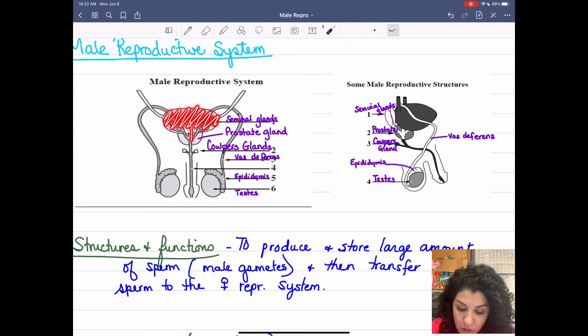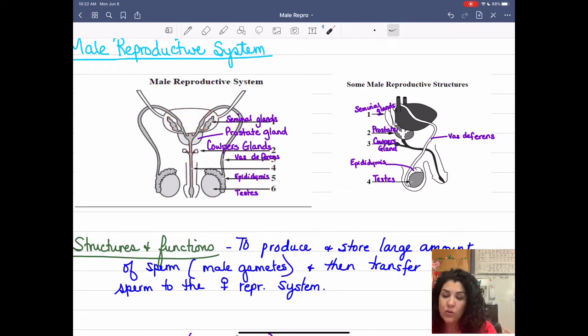The bladder also connects into the penis, because the urethra and the ejaculatory duct become one and the same. In fact, this is the section that we call the ejaculatory duct right here, because it picks up secretions here, it picks up secretions here, and it picks up secretions here. When we actually enter the penis, that is now known as the urethra. It's not the ejaculatory duct. So the ejaculatory duct becomes the urethra.